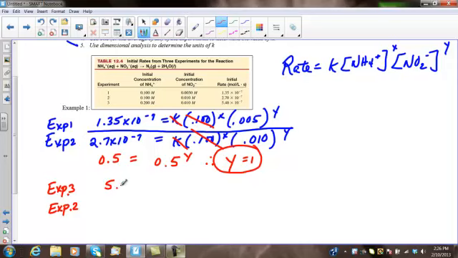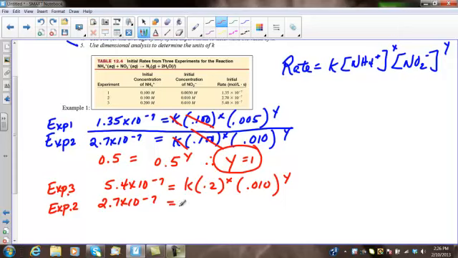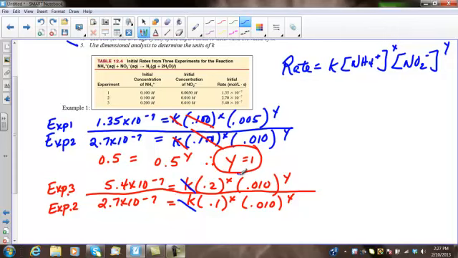So experiment 3, I have 5.4 times 10 to the minus 7 equal to K times 0.2 to the X times 0.010 to the Y. And I have 2.7 times 10 to the minus 7 equals K times 0.1 to the X times 0.010 to the Y. Divide these through, and this cancels, and this cancels, and I get 2 is equal to 2 to the X, therefore X is equal to 1.